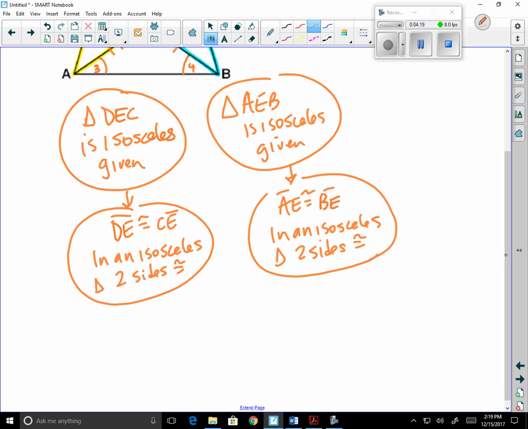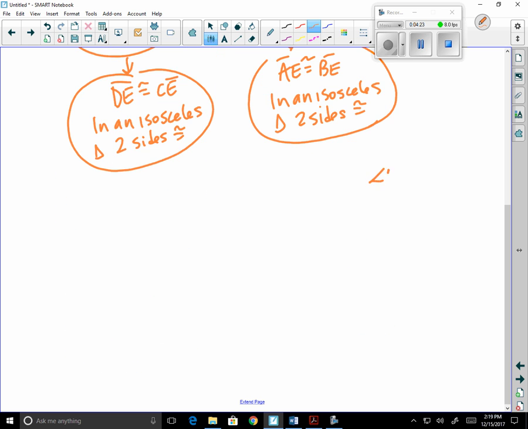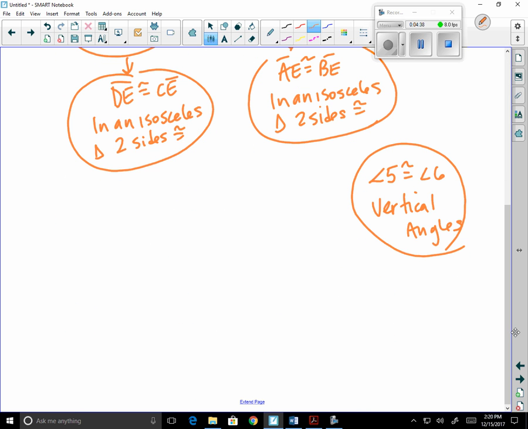If I then go through and do vertical angles, 5 and 6 are vertical. So I can say angle 5 is congruent to angle 6. They are vertical angles. And then I could say the two triangles are congruent. Triangle AED and triangle BEC, by side, angle side.